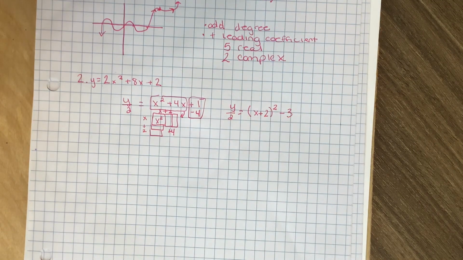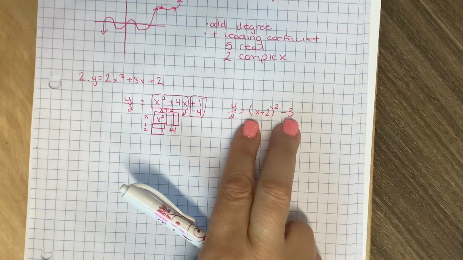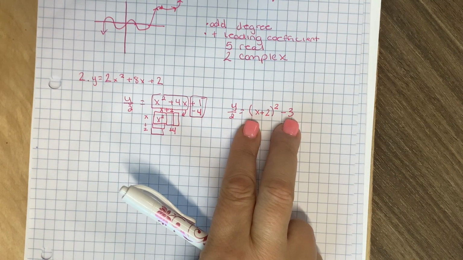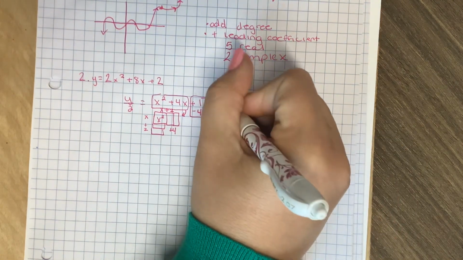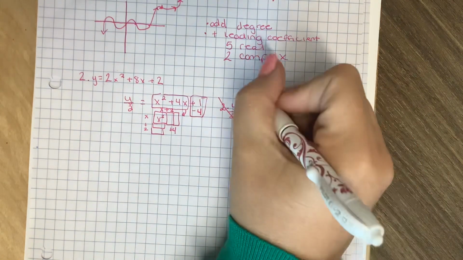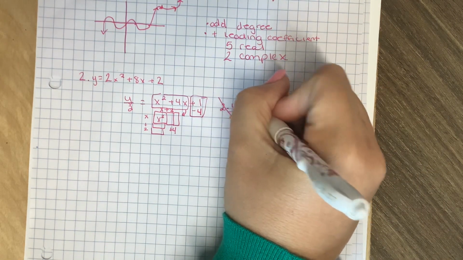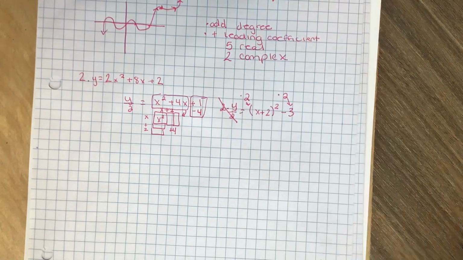My last step with completing the square is I still have that 2 hanging out with the y. I have to multiply it back in. And it's just like it's distributing. I have to multiply it to both of these terms. So if I multiply 2 here, those are going to cancel. And then I'm going to multiply that 2 to this term here, and to this term as well.